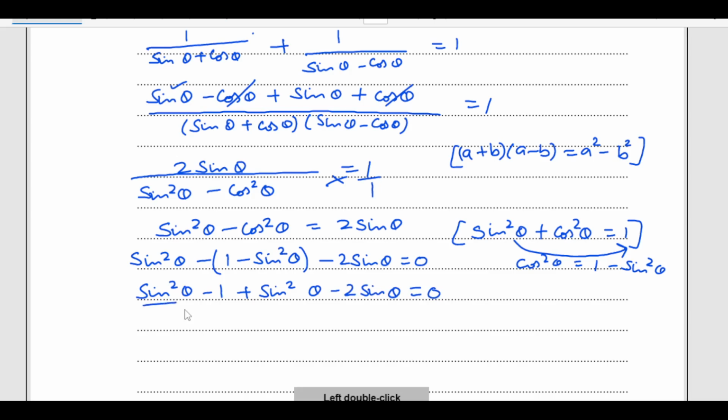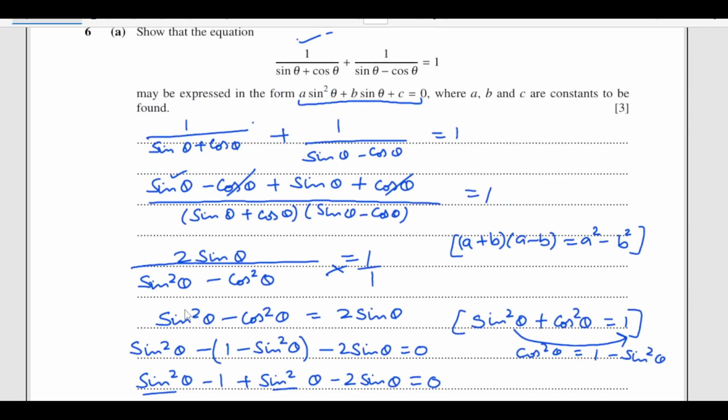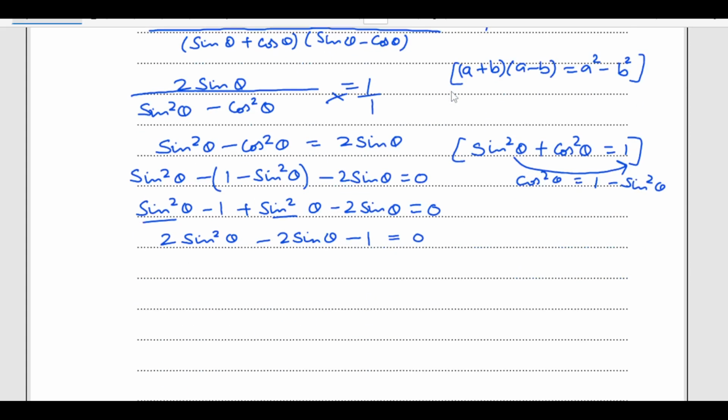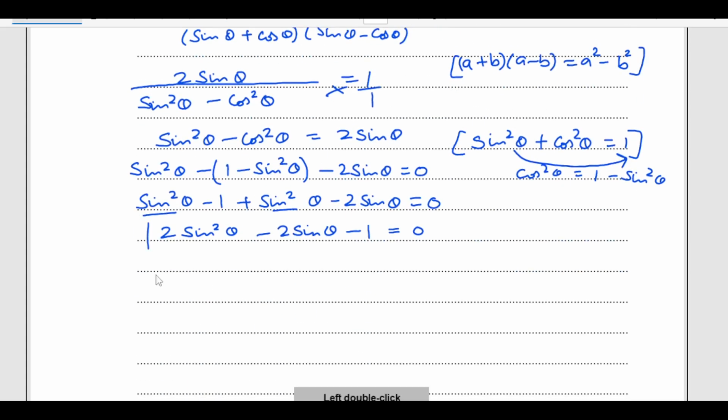So this sine squared and this sine squared will become 2 sine squared theta. So I can bring this minus 2 sine theta here, minus 1 equals 0. So this is the form that we need here, a sine squared theta plus b sine theta plus c equals 0. So this is the required form.